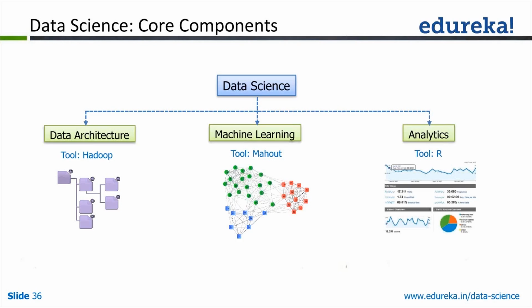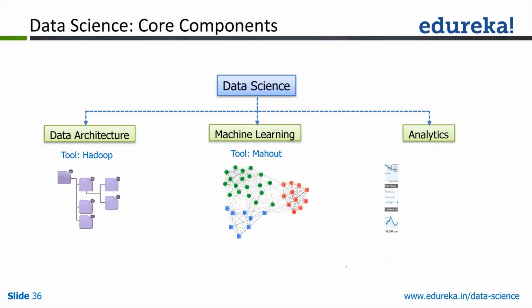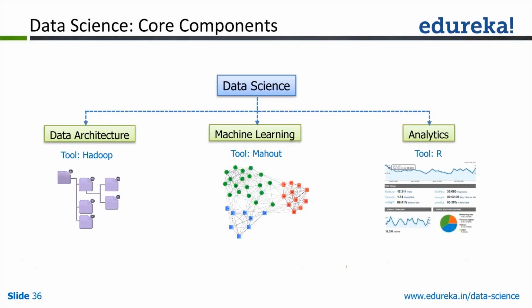For data architecture, we will be dealing with Hadoop in this class, primarily because Hadoop is now becoming a de facto standard for big data analysis because of its simplicity, resilience and other features. For machine learning, we are going to deal with a tool called Mahout within the Hadoop ecosystem.